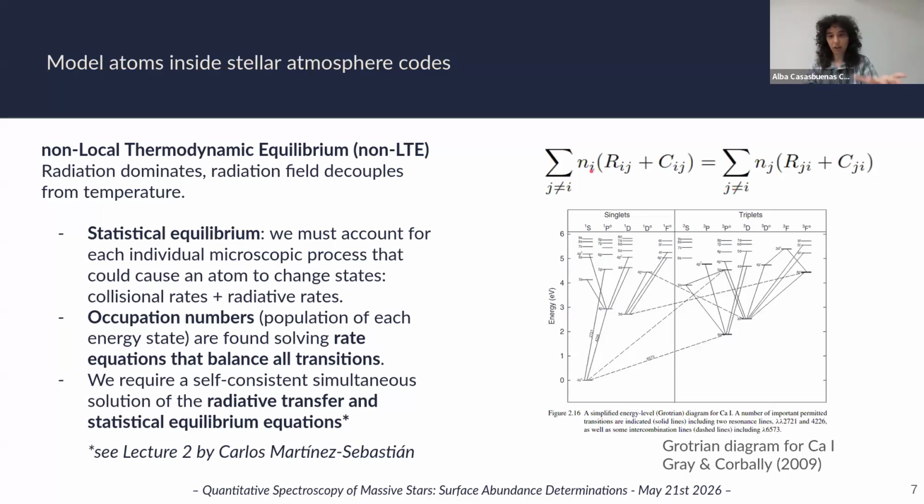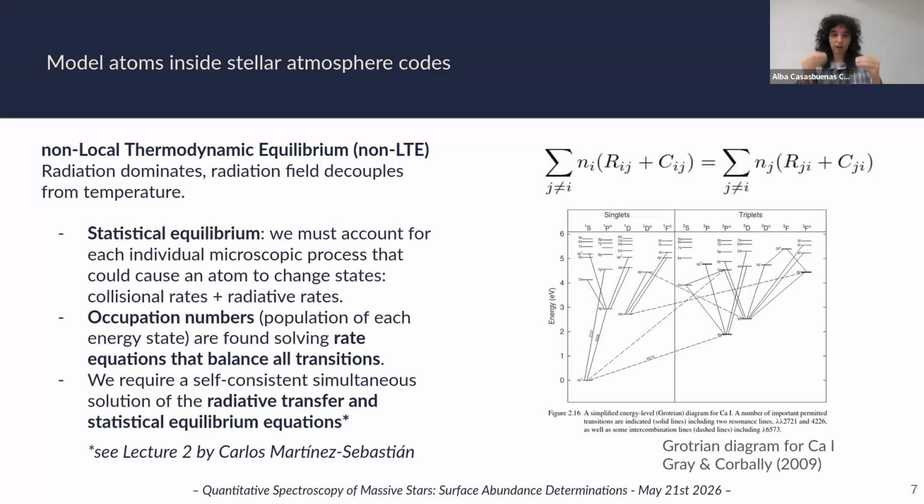Here on the right, I included a Grotrian diagram, or an energy diagram, of calcium 1, just to visualize what I talk about when I talk about the energy levels. These are the energy levels of calcium 1 divided into their atomic configuration, and we see here the radiative excitations, so the radiative bound-bound transitions that can happen between levels of this ion, and these transitions are what are causing the spectral lines.